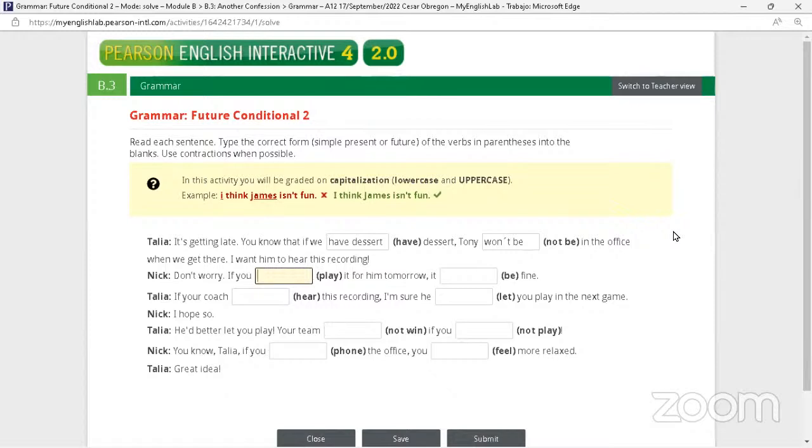When we get there, I want him to hear this recording. Don't worry. If you play it for him tomorrow, it will be fine.